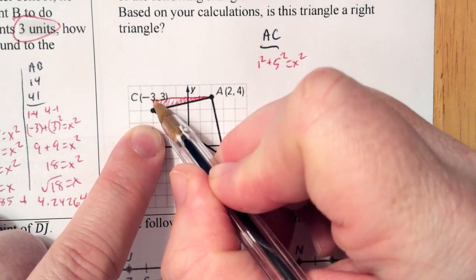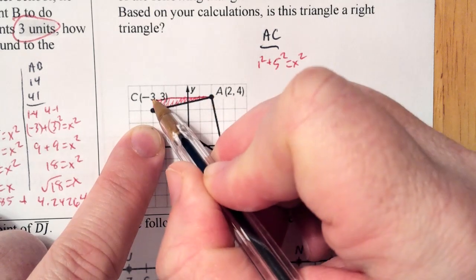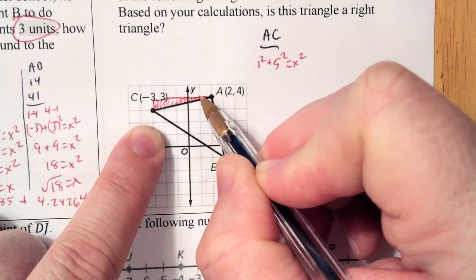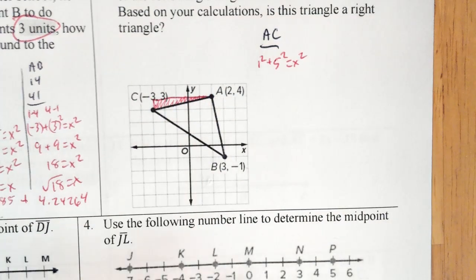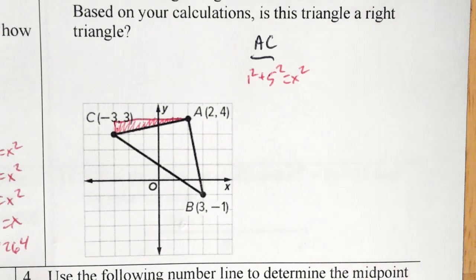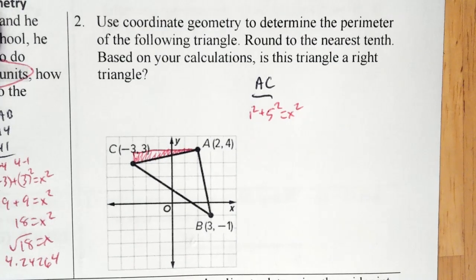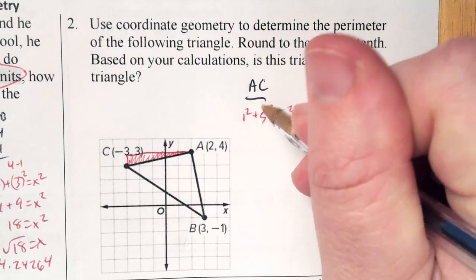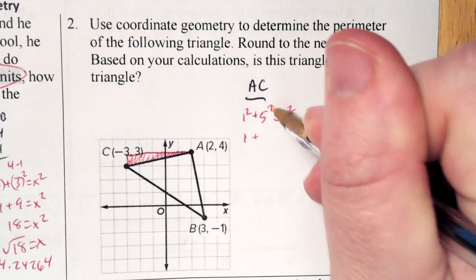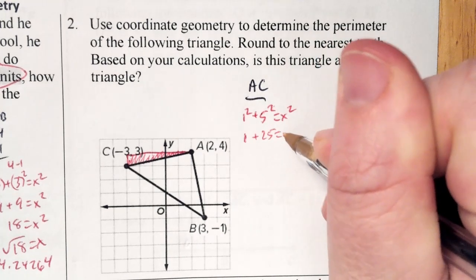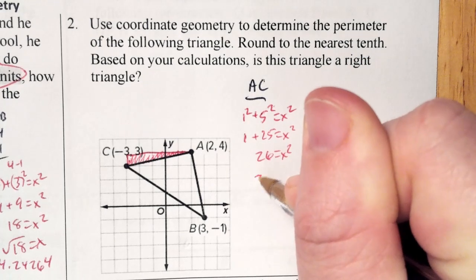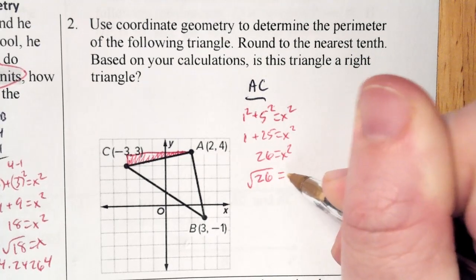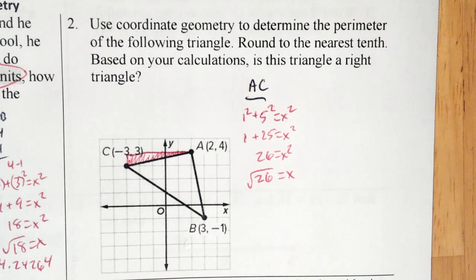If you go from the corner to the dot, you might stop a little early, so you always want to start at the dot. You'll be safer that way. Now that would be 1 squared, which is 1, plus 5 squared, which is 25, equals x squared. We got 26 equals x squared, and that's the square root of 26. You would just leave it just like that.